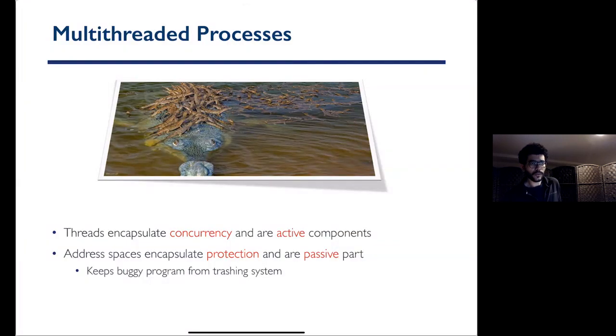Another question with a fork. Yeah, a new PCB is created. So for copy on write, if the original process wants to write to memory, will the OS allocate new memory for the original process or for the forked process? Doesn't really matter, but for the forked process, yeah.